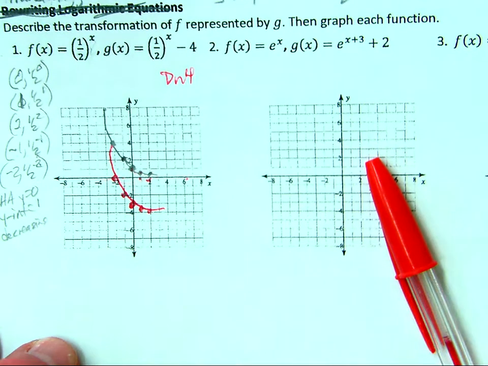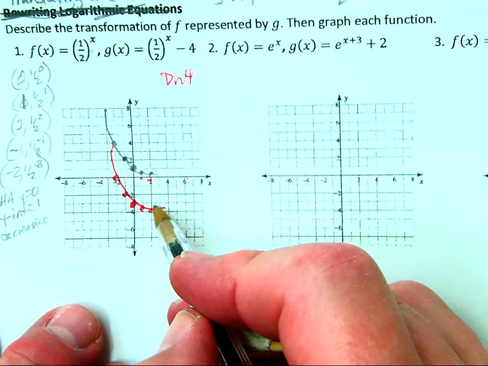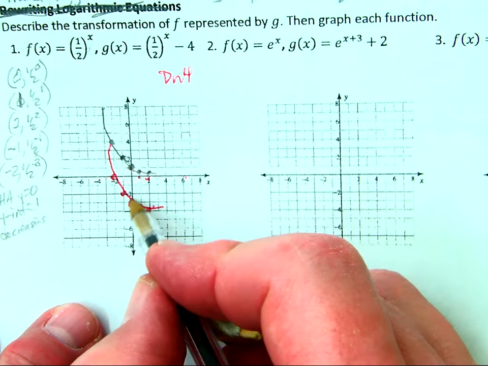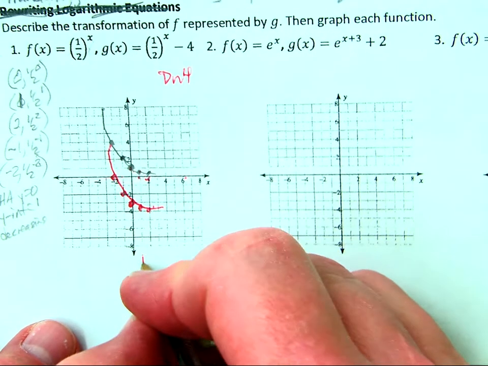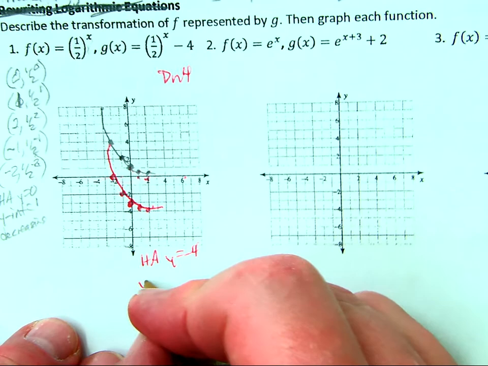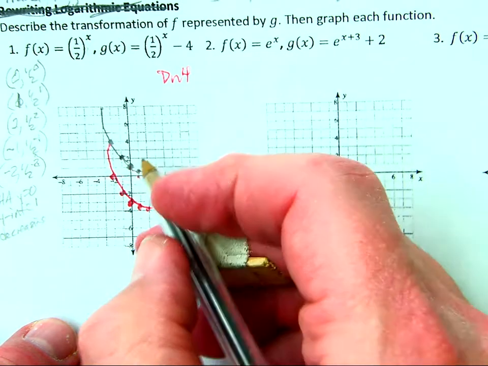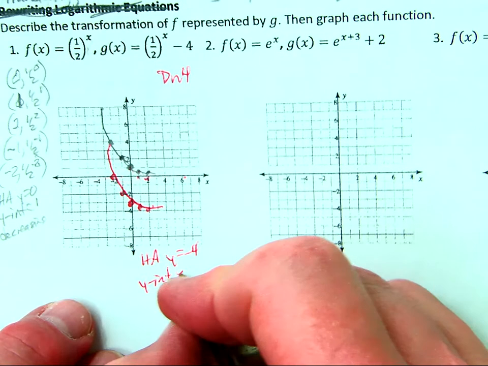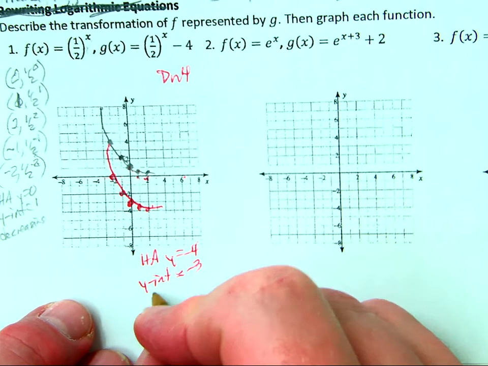Now the one we shifted, the horizontal asymptote shifted down 4, so that one has a horizontal asymptote of y equals -4. The y-intercept also went down 4, so it's now -3. It still is a decay function.